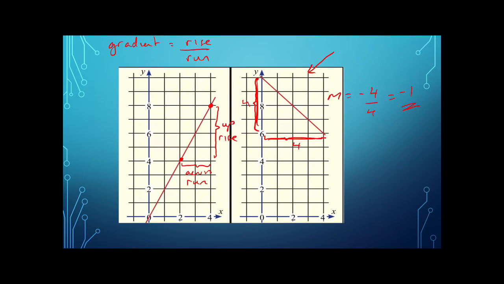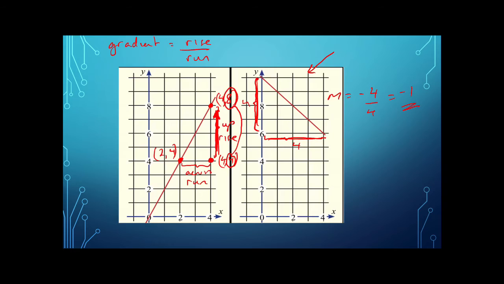I'm going to look at it in a little bit more formal way. Look at this coordinate here. The x coordinate is 4 and the y coordinate is 8. And for here, the x coordinate is 2 and the y coordinate is 4. Now I'm going to show this coordinate here as well, and that coordinate is 4, 4. So when I say that we go up here, that is the y value changing from 4 to 8.